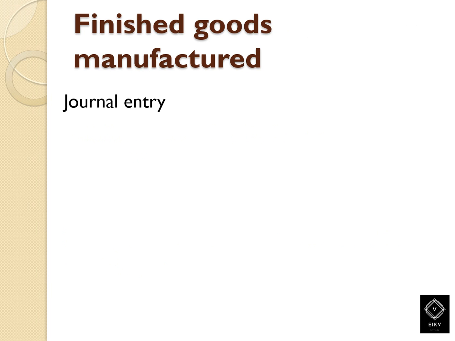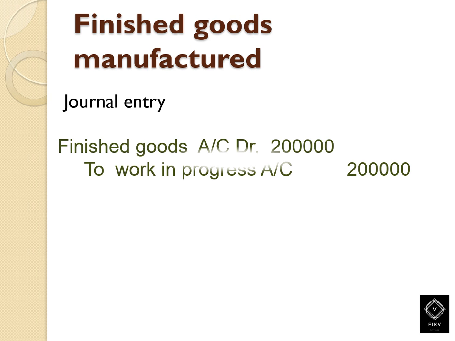Next, the finished goods manufactured. This is a scenario where the work in progress is changed to finished goods. At that point, the entry will be: finished goods account debit to work in progress. In the previous entries, we debited work in progress, right? Yes, and that work in progress is an asset account, right?